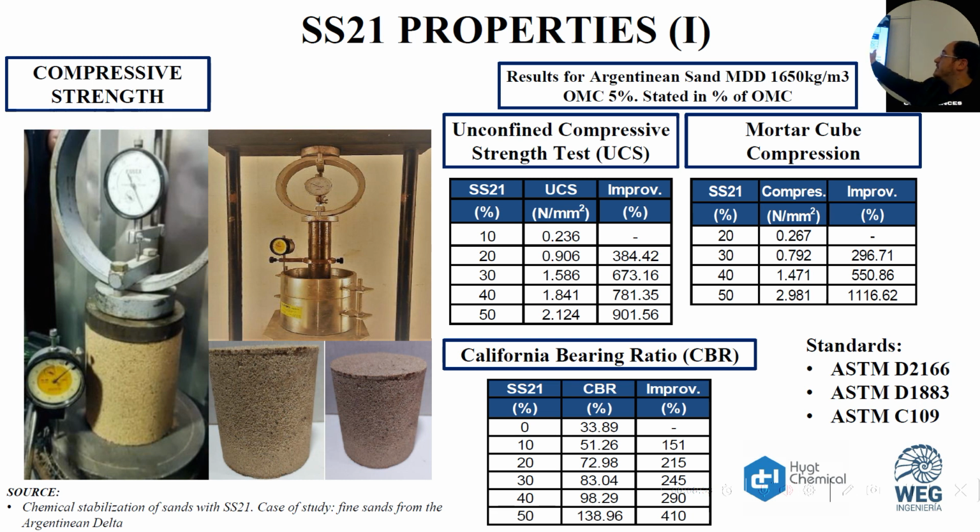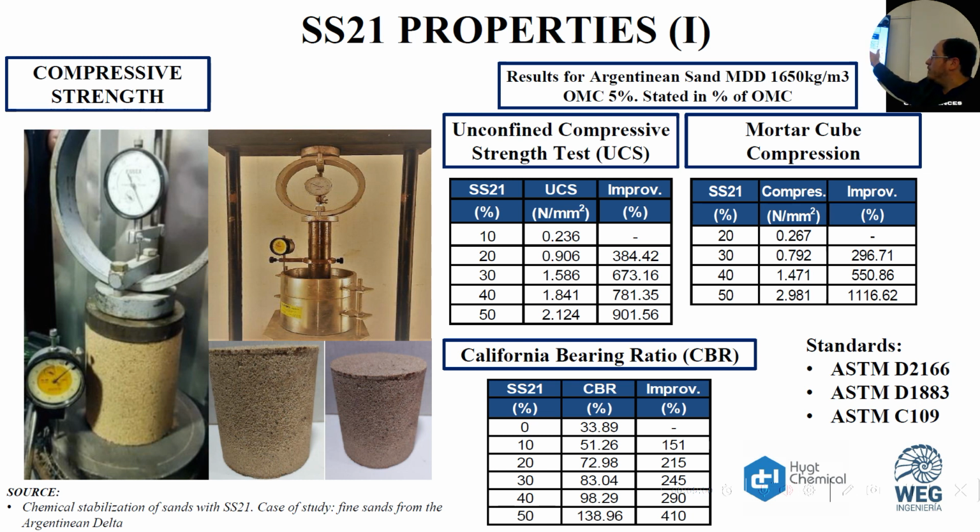These percentages are as a percentage of the optimum moisture content, that is the water that the soil needs to get to its maximum density. So it really means around 1 to 2% of the total volume of soil. So it's a small amount of product you need. These are the standards used, and these are the tests. And the improvements are in three digits, in most cases, in percentage.